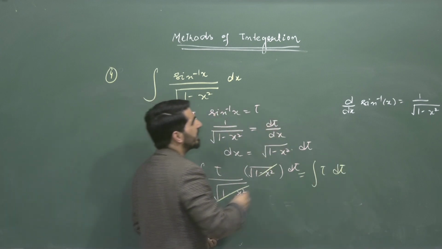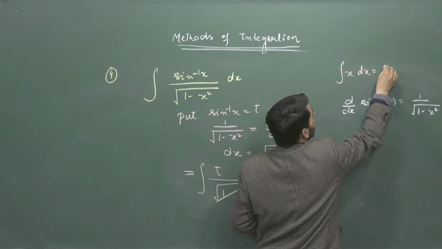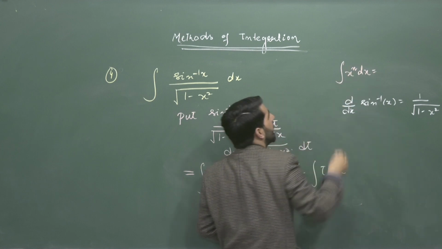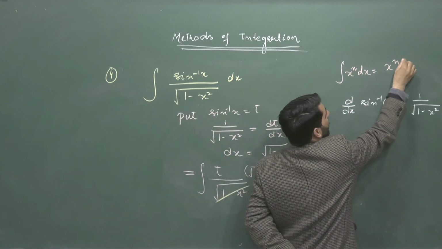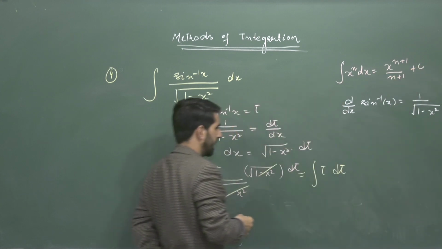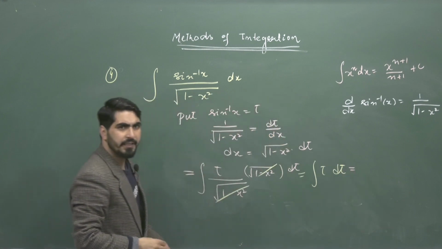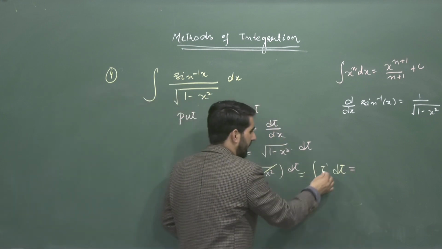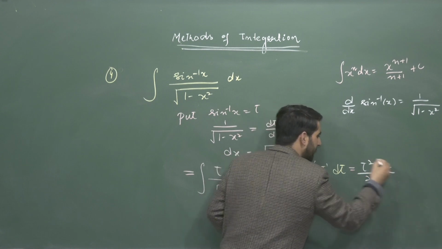As we know that integration of x raised to power n dx is x raised to power n plus 1 divided by n plus 1 plus c. In the same way, integration of t dt is t square by 2 plus c.